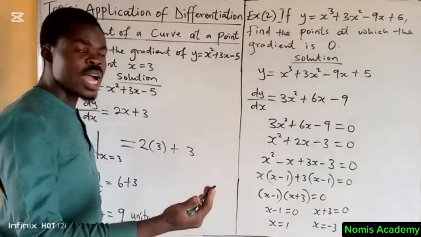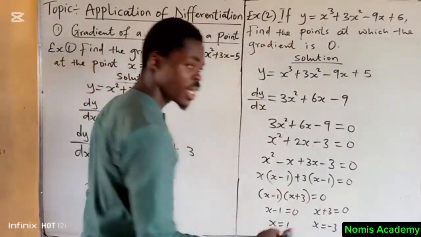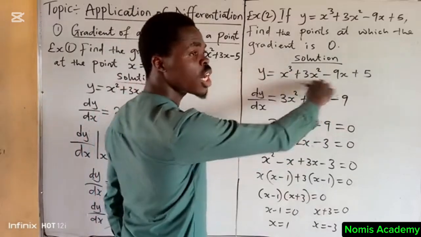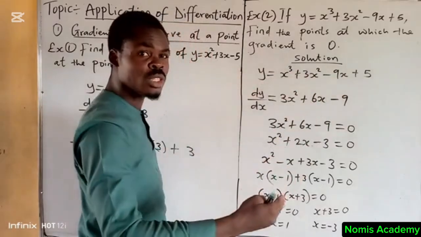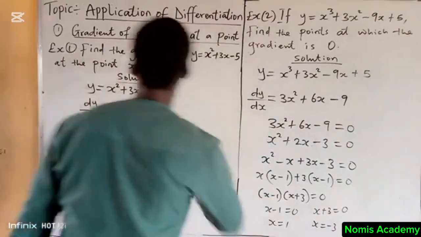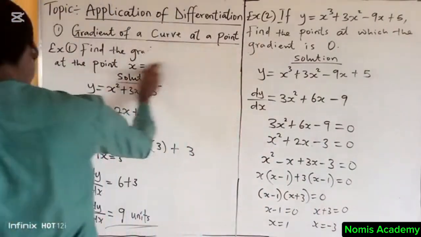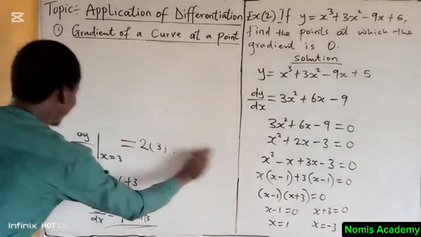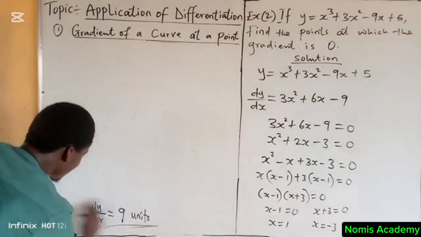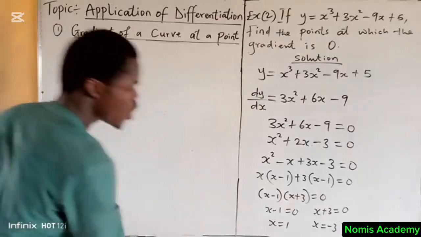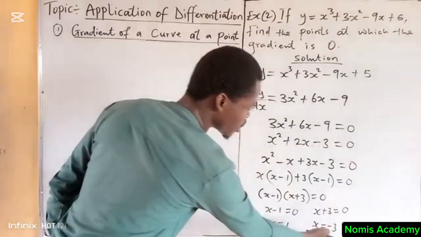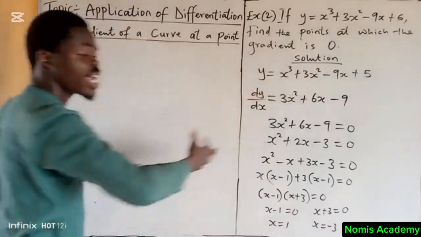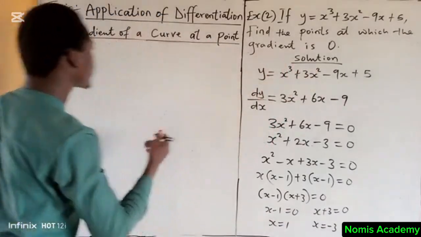Now we need to get the y value that corresponds to this. The next thing we need to do, pick these 2 values and slot them in the function given to get the corresponding values of y. So we put in x equal to 1 and x equal to minus 3 in the function given to get the corresponding value of y.